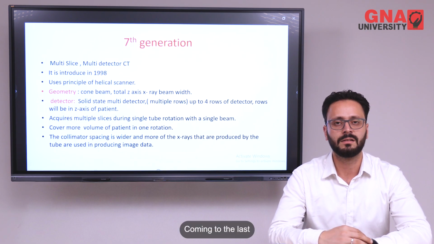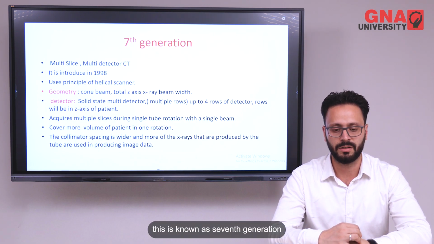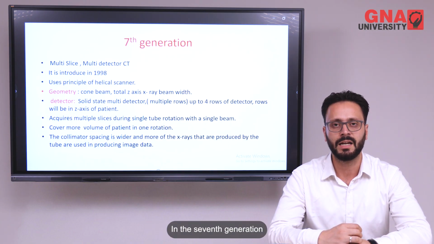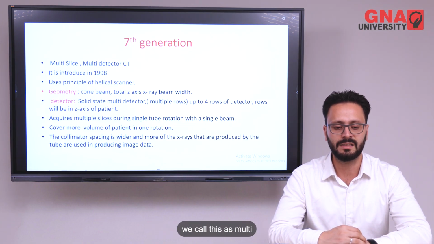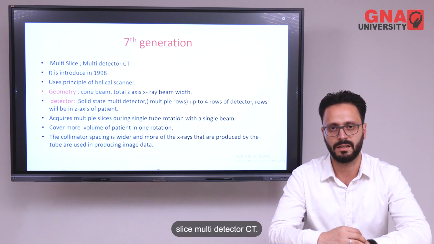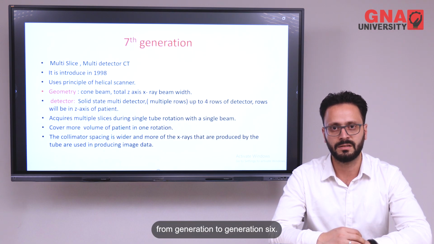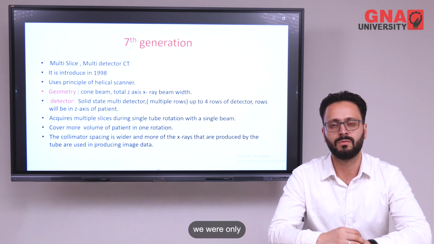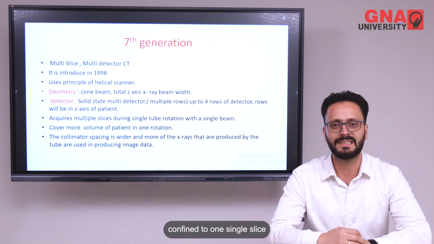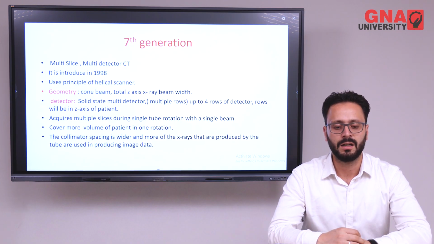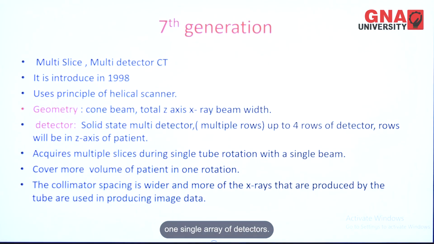Coming to the last, this is known as the 7th generation of CT. In the 7th generation, we call this multi-slice multi-detector CT. So what does multi-slice multi-detector mean? Earlier, from generation 1 to generation 6, in one single scan we were confined to one single slice because we used only one single array of detectors.